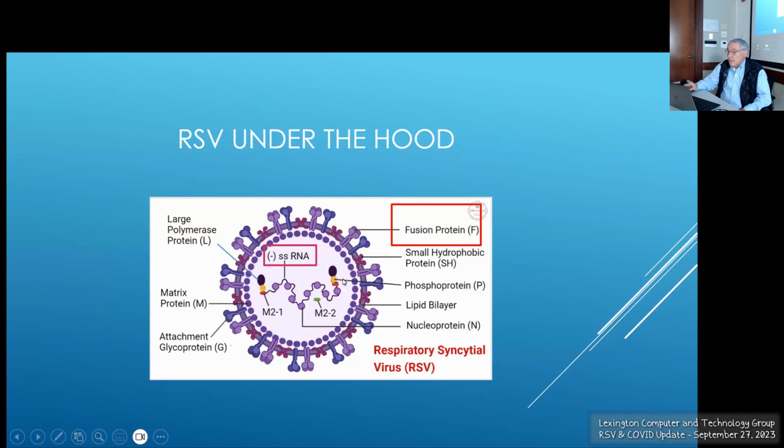The other very important point is here's the fusion protein sitting on the viral nucleocapsid, and that's what binds to the epithelium and then makes it fuse with others. It's very much like the COVID spike with a specific binding domain, and like a lock and key, it locks into a certain site on the cell.